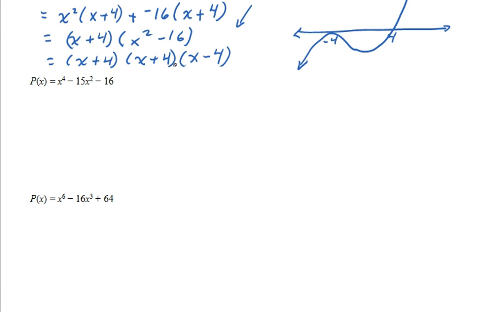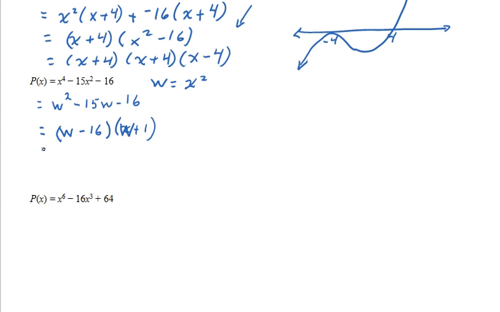We are going to let w equal x squared, and notice that if we substitute w for x squared, x to the fourth will be w squared, minus 15w minus 16. This factors as w minus 16 times w plus 1. I'm sorry, that should have been a w.